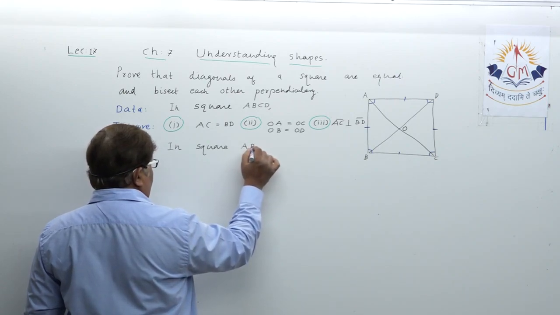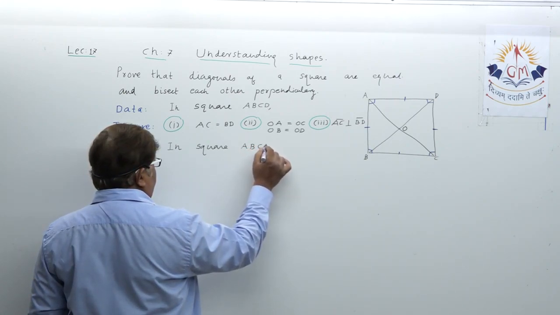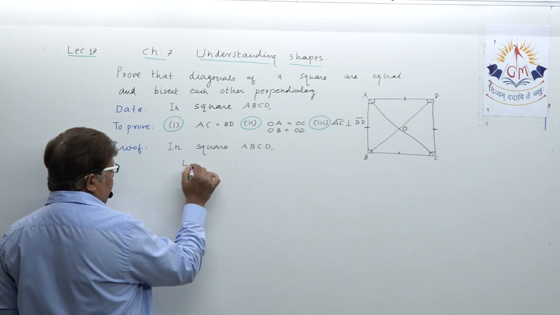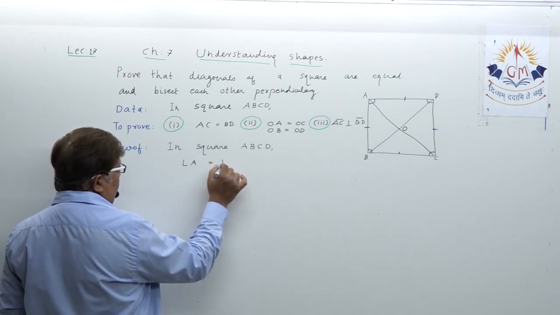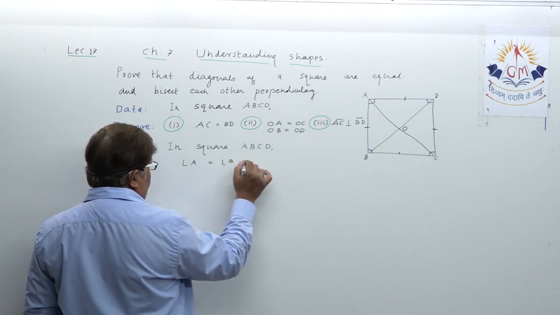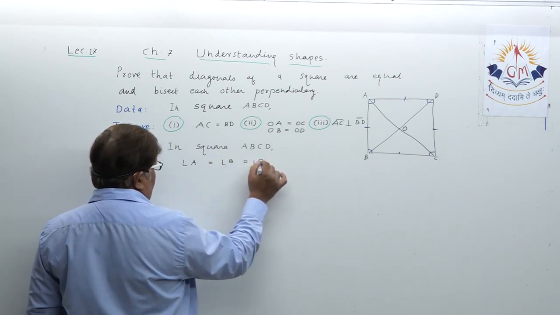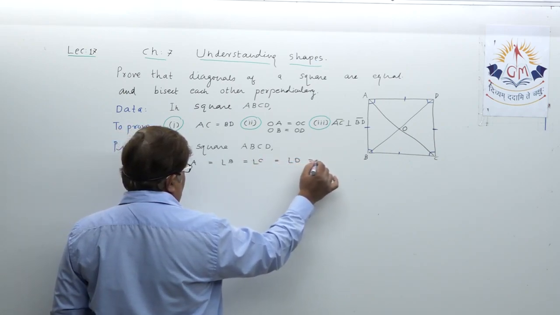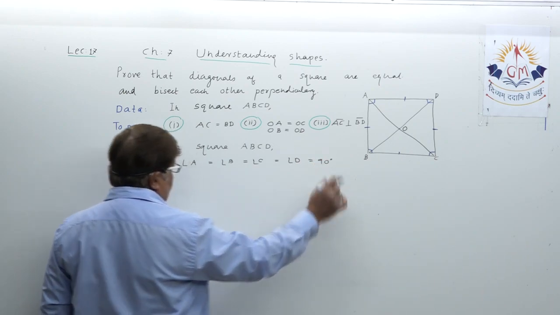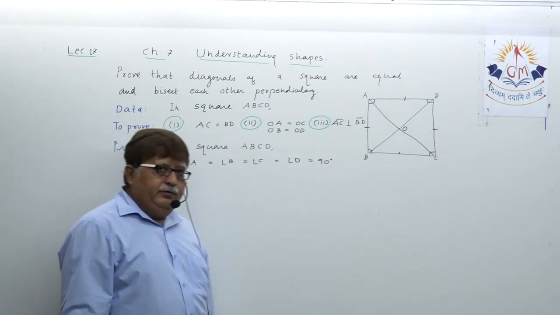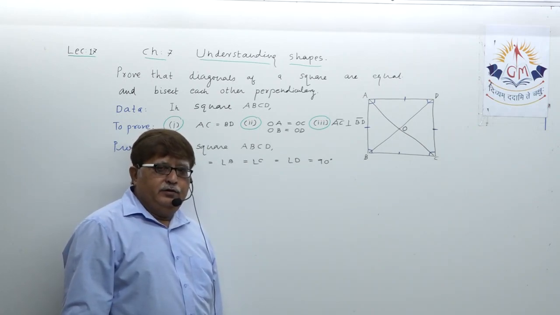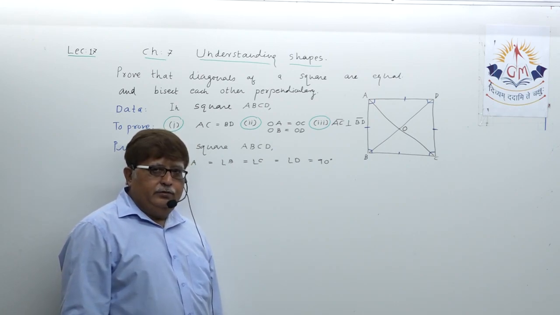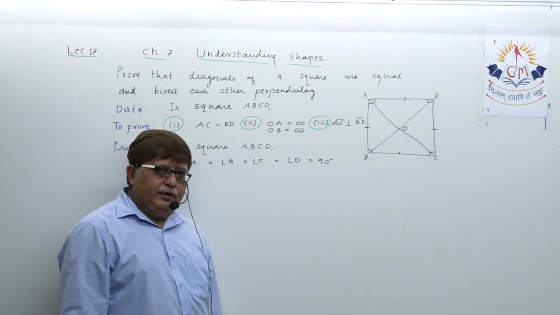ABCD. You all know one thing very well, that in square all angles are right angle. You can say angle A equal to angle B equal to angle C equal to angle D equal to 90 degree. Now, which is that another quadrilateral which has all angles 90 degree? Rectangle. Only two quadrilaterals, square and rectangle, have all angles 90 degree.